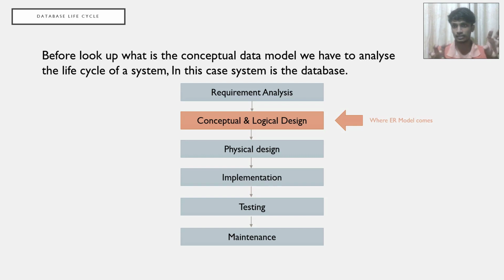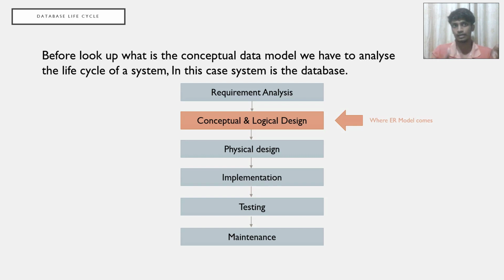But before making that database in a working stage, we have to initialize what the relevant objects are, what the relevant relationships are, and what the relevant interactions are between those objects. In the first step, requirement analysis, we analyze each and every requirement that the corresponding database should have. We look for the relevant objects in the database.